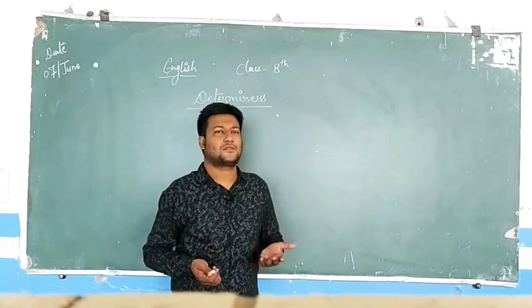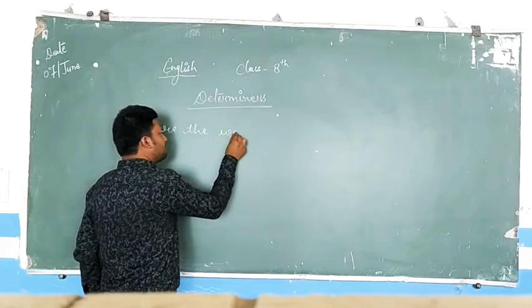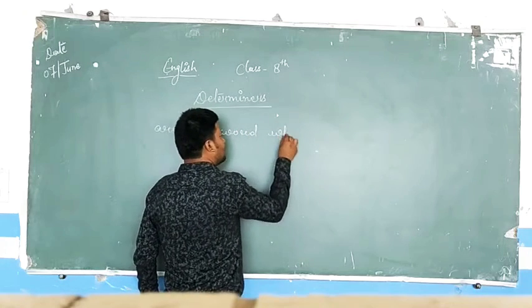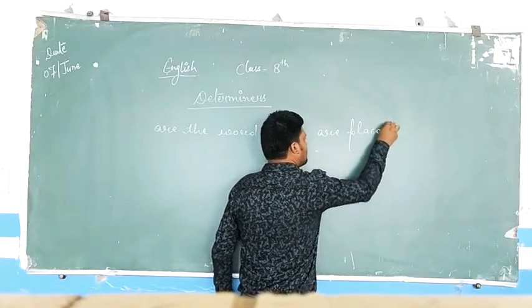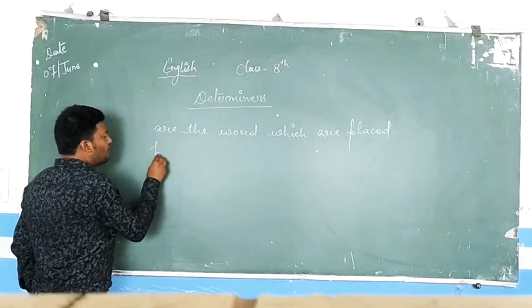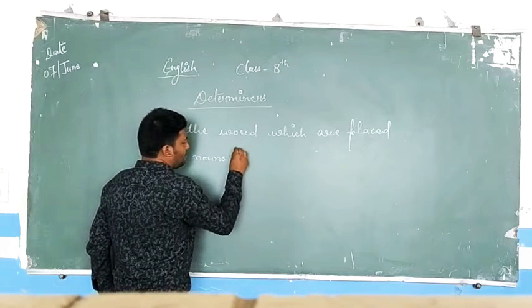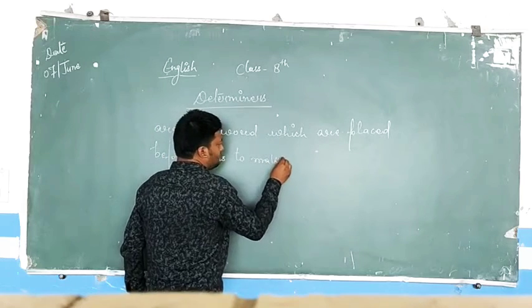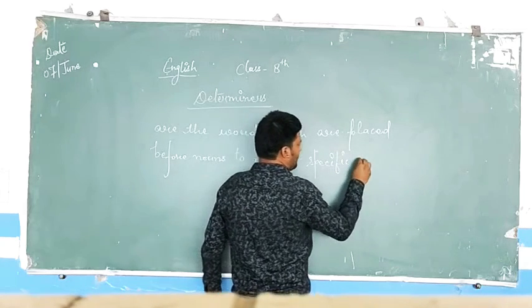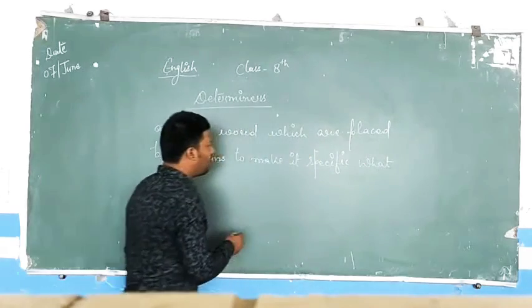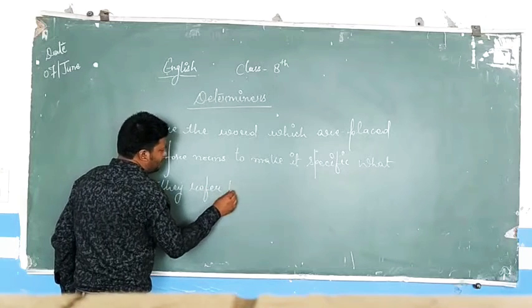Determiners, what are determiners? Determiners are the words which are placed before nouns to make it specific what they refer to.